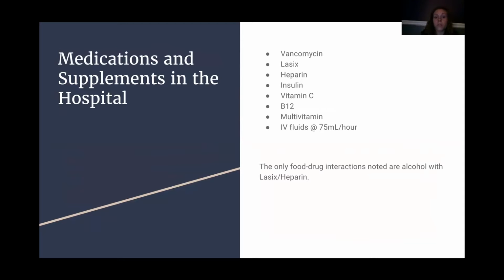Lasix was used to get some fluid off of him. And he was also on heparin, insulin, vitamin C, B12, a multivitamin, and IV fluids infusing at 75 milliliters per hour. The only food-drug interaction noted are alcohol with Lasix and heparin, and that was not an issue while he was in the hospital.